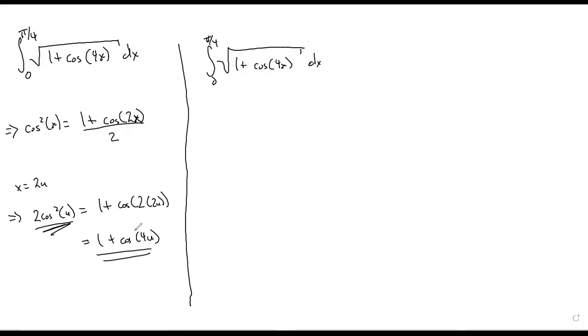Using what we've just demonstrated, we're going to make this substitution: integral 0 to pi over 4 of the square root of 2 cosine squared 2x dx.